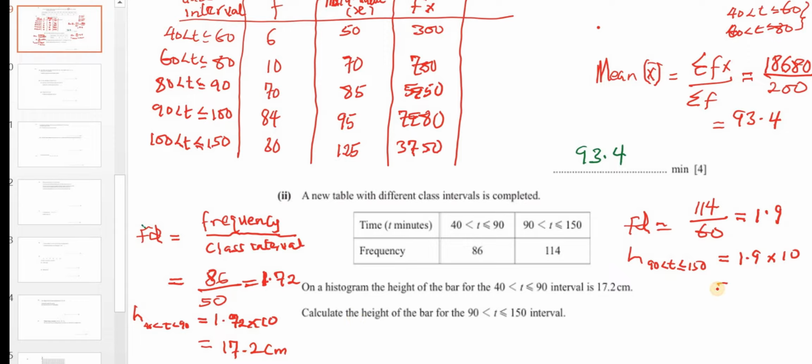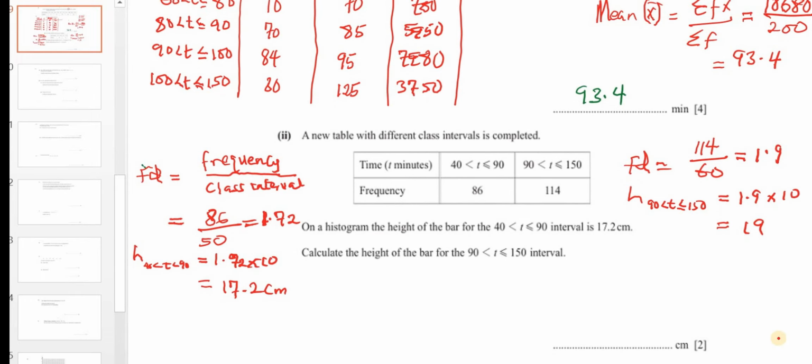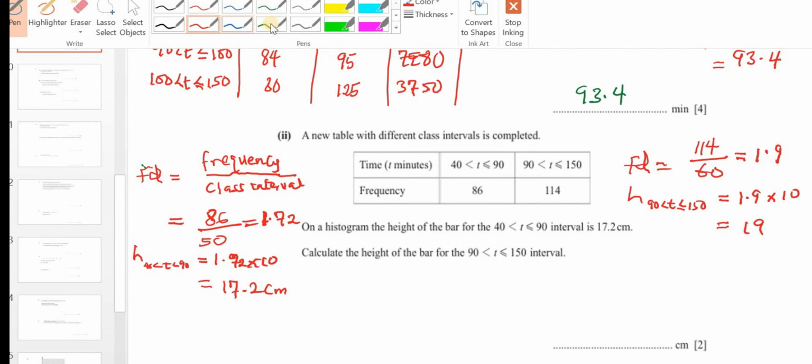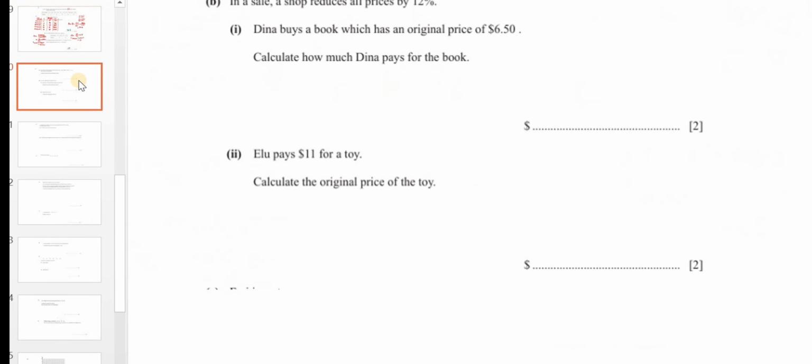So when you multiply by 10, this gives 19. So the answer to this will be 19 centimeter. All right, that's for that.